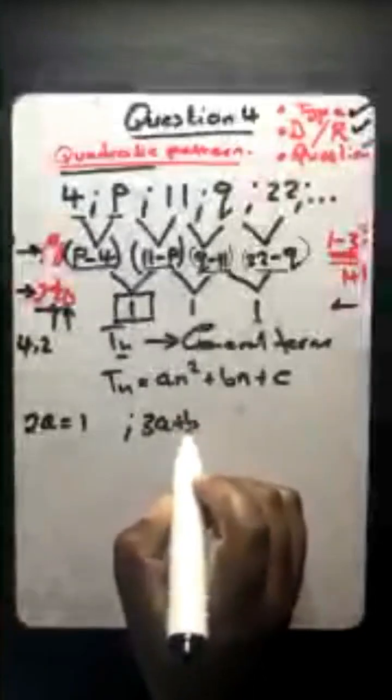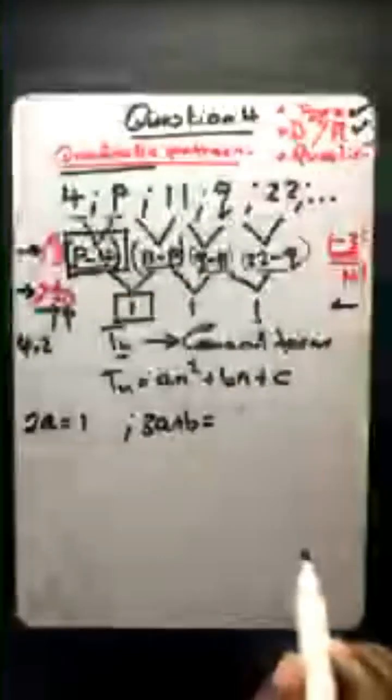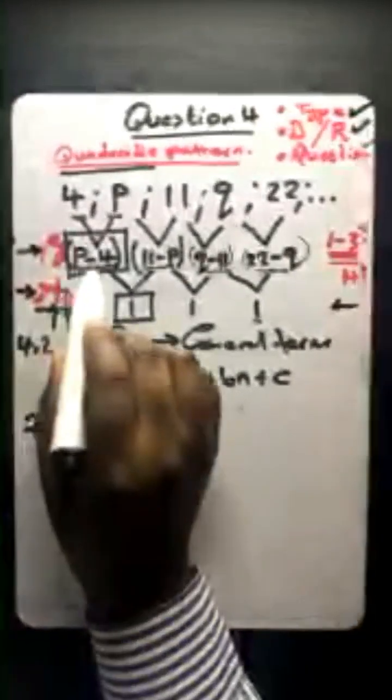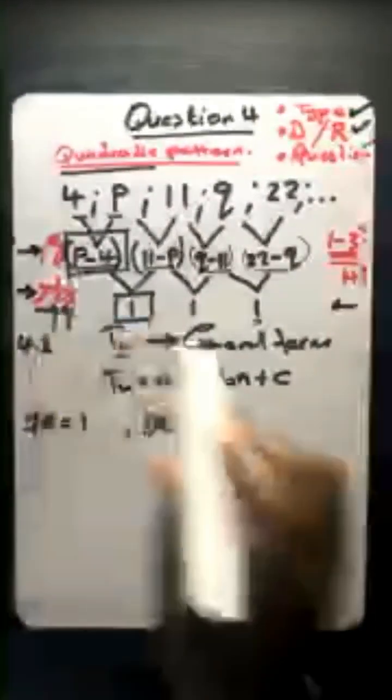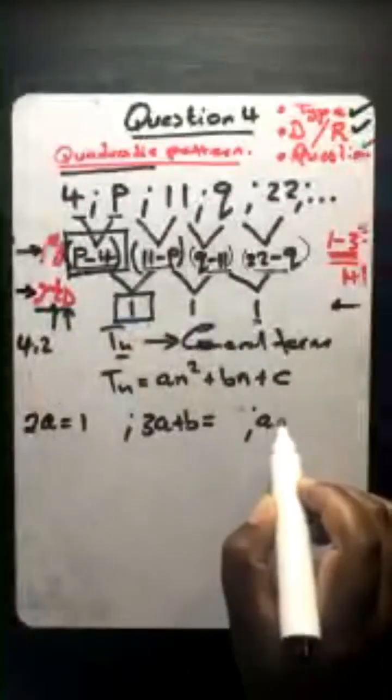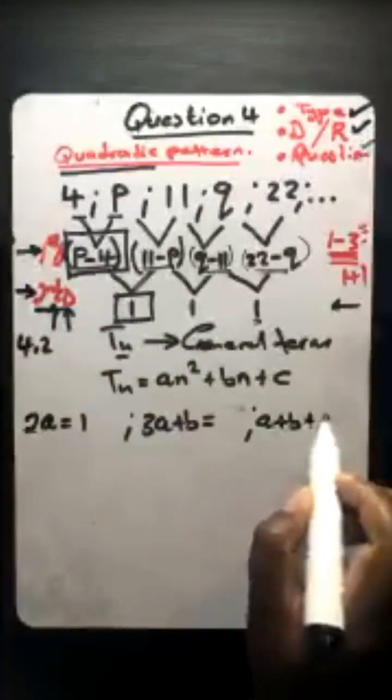And again, 3A plus B is equal to the first term of the first difference. If we don't know the actual value, we have to calculate it and equate it to this. And lastly, A plus B plus C is equal to the first term of the pattern.